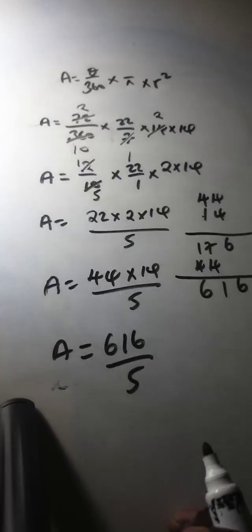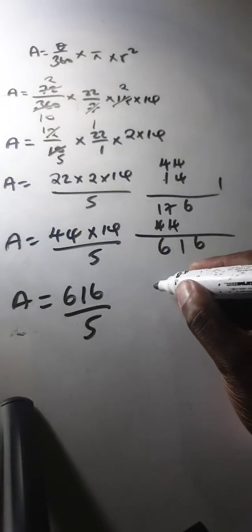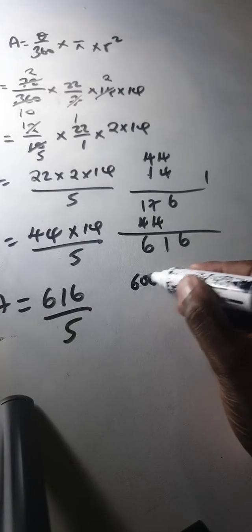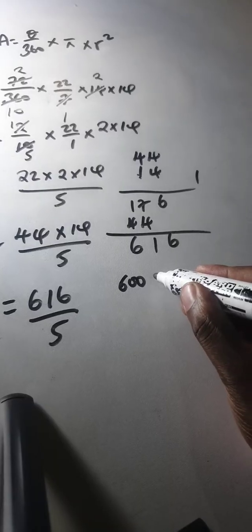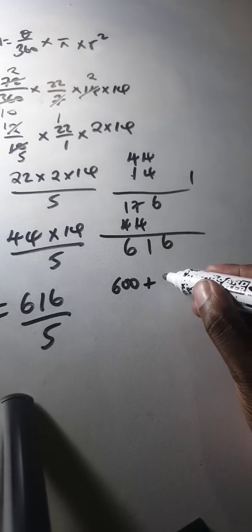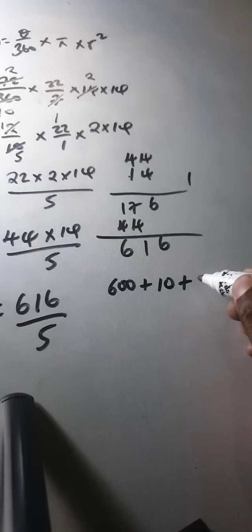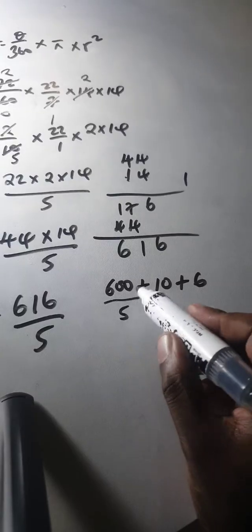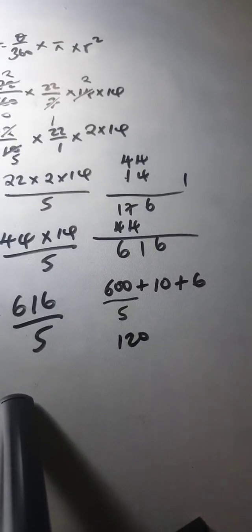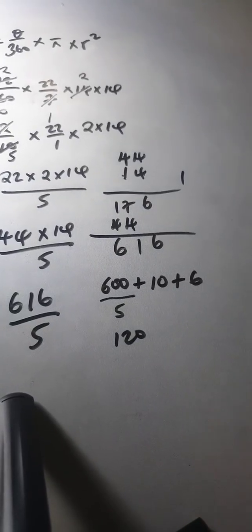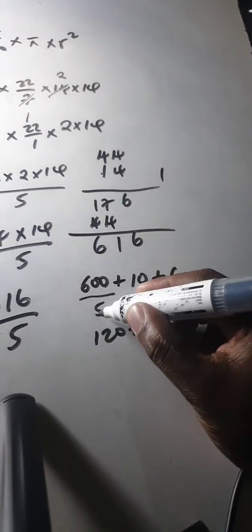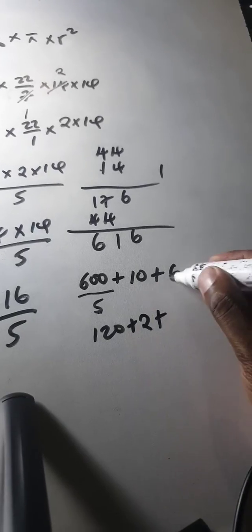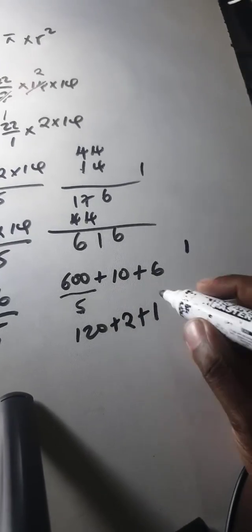Now, ladies and gentlemen, let's simplify this like the way we did with the previous one. So we have 600 plus 10 plus 6. How many 5 are in 600? They are 120, right? Plus how many 5 are in 10? They are 2. Plus how many 5 are in 6? They are 1, remainder 1.